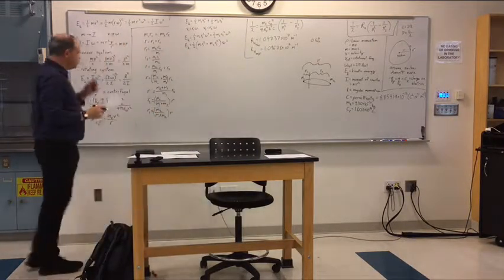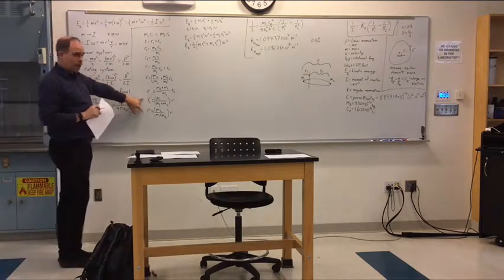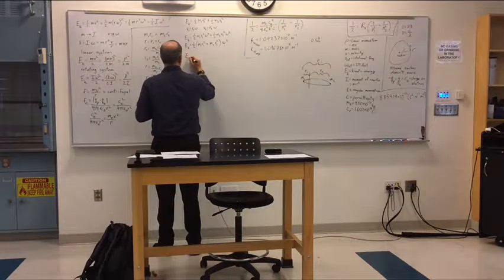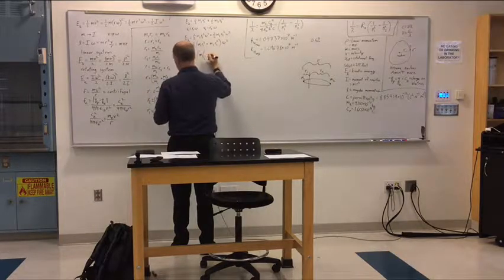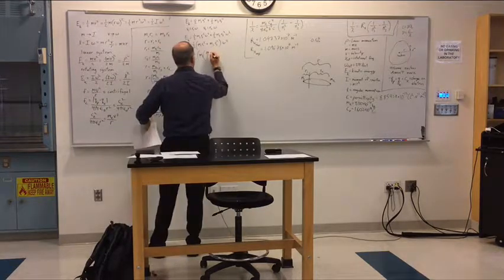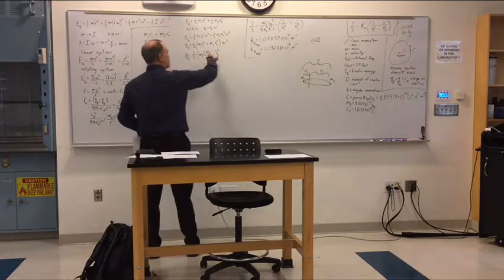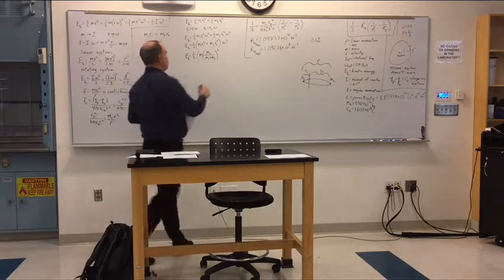Now we have expressions for R1 and R2. We're going to plug the ones that we came up with before up there. Kinetic energy is 1/2 m1 times our value for R1, which would be m2 over m1 plus m2, times R, squared. What's in the parentheses is R1 that we came up with before.